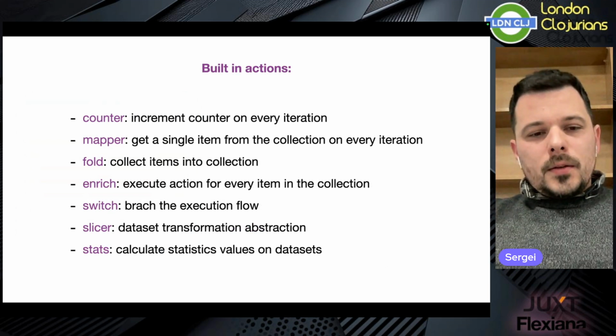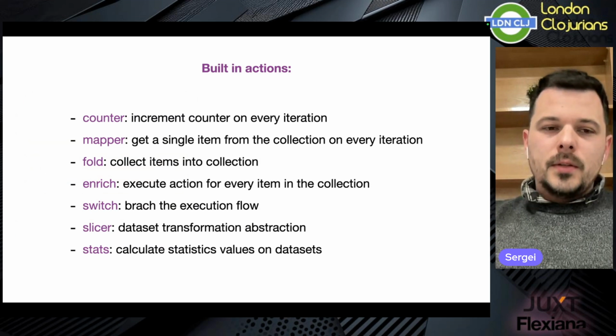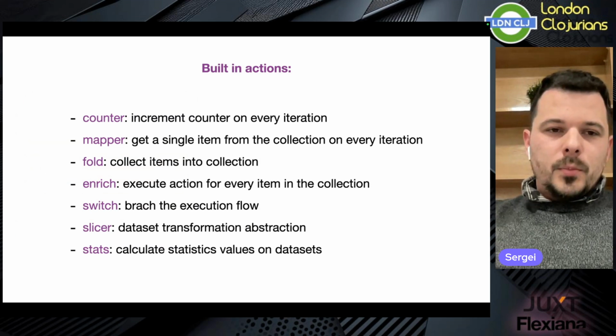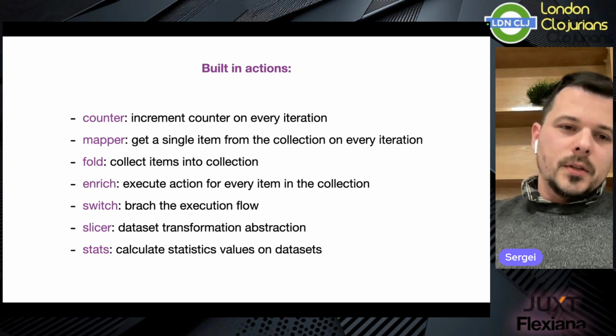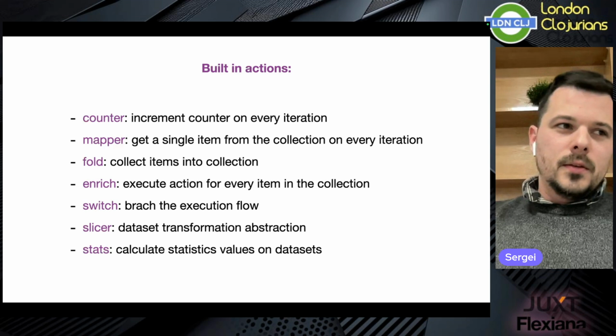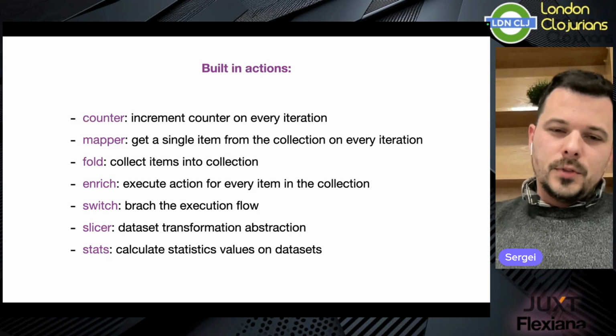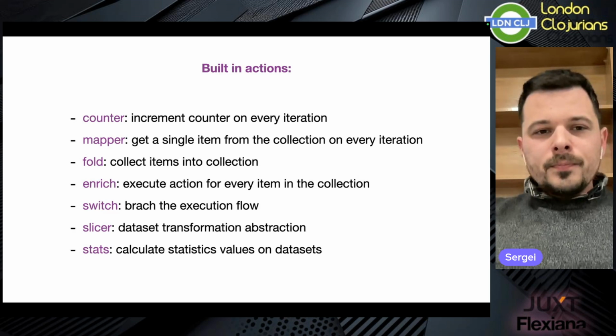And there are a number of built-in actions in Colette that you can use. For example, counter will just increment the counter on every iteration. So you can use it to implement pagination if you need to just increment the page and go to another page, and so on.